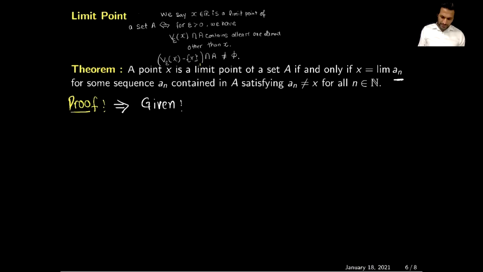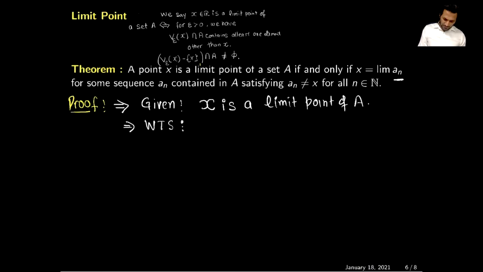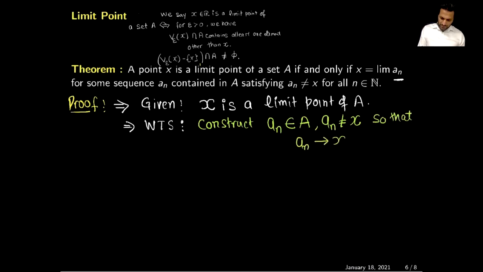The given is x is a limit point of the set A. What we want to show, actually what we want to construct, is a sequence a_n which belongs to the set A, where all the elements are not equal to x, and this sequence a_n converges to x. So we want to construct a sequence which converges to our limit point.